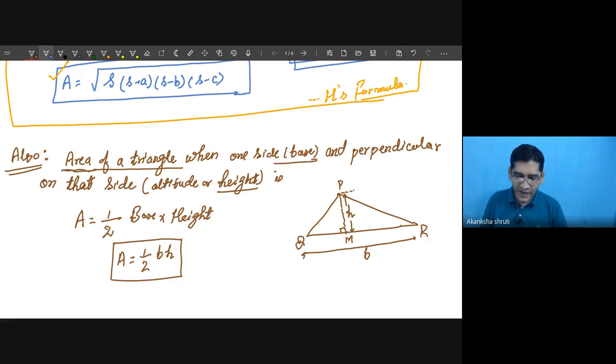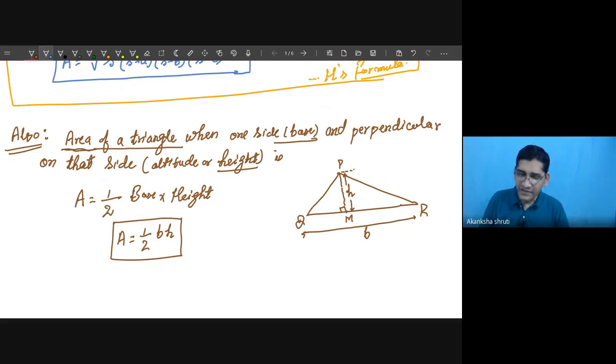By the way, a student, just as a matter of recall, you should be ready that this triangle need not always be like this. It may be possible that the triangle given is like this one.